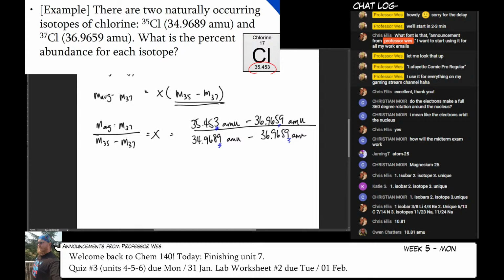So when I punch in my calculator, here's what I get. On the top, I get minus 1.513. And on the bottom, I get minus 1.997.